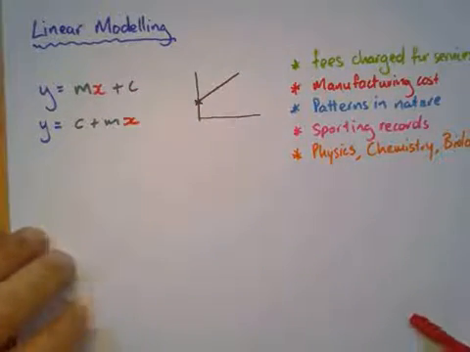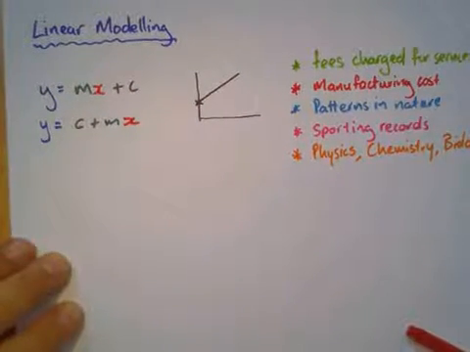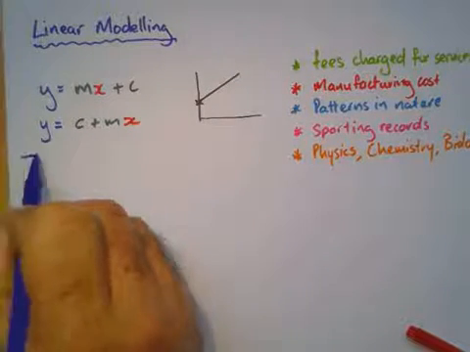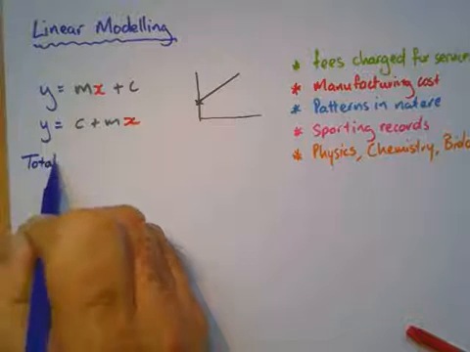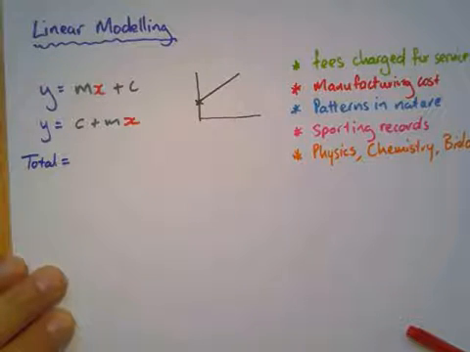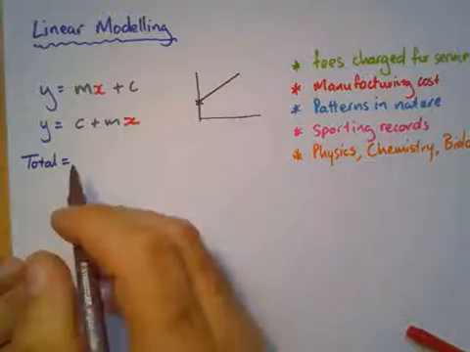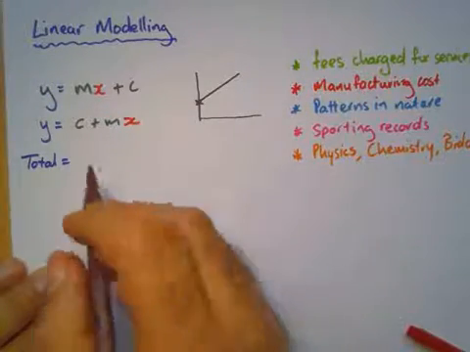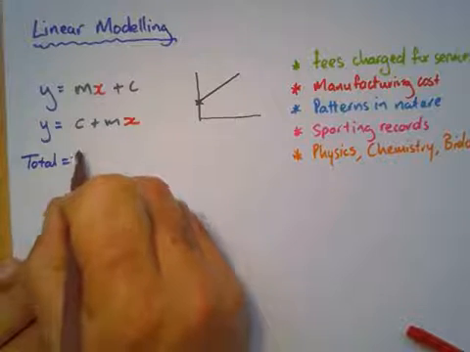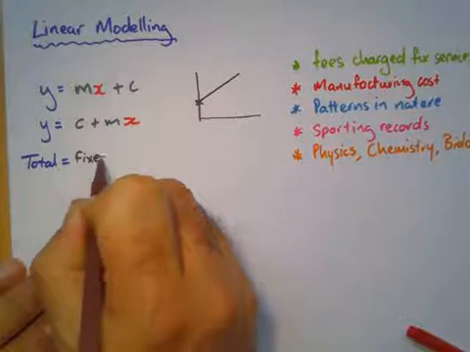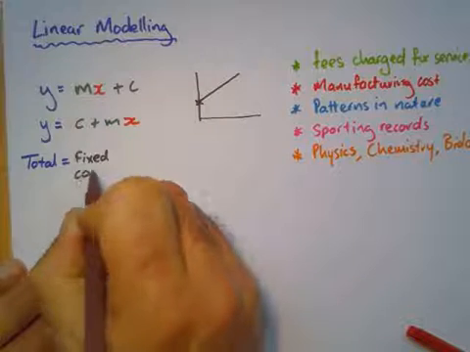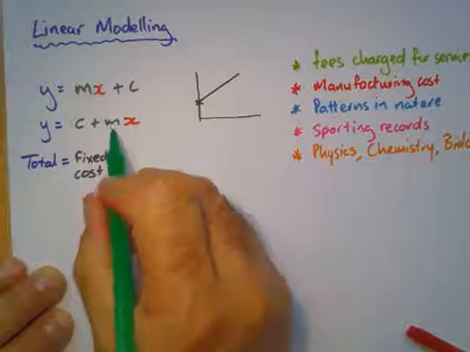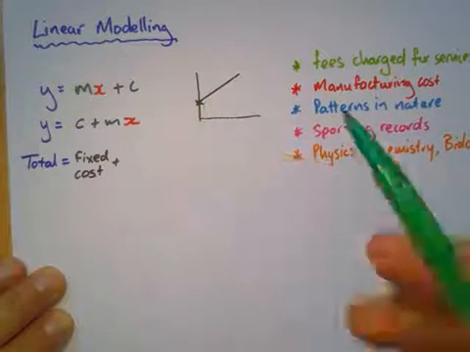Okay, so what is this going to stand for? y is going to be my total, which is going to equal c, which is always going to be my starting value or my fixed cost. So if we're looking at something like manufacturing, that's going to be my fixed cost, plus, now m is our rate, is the gradient.